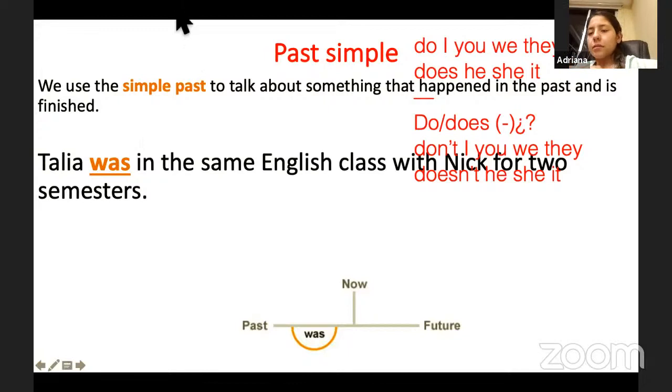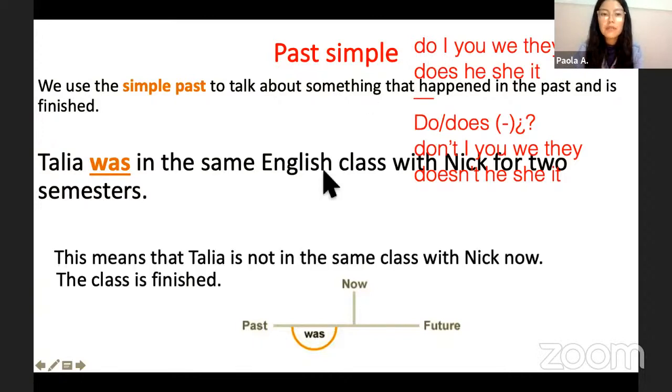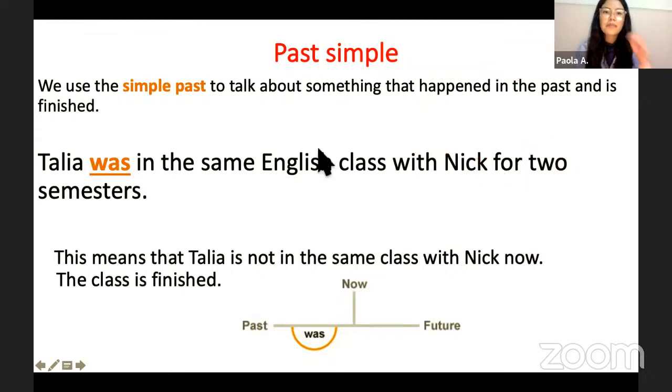So the past simple is going to use all of these auxiliary verbs with did, no? So let's see.